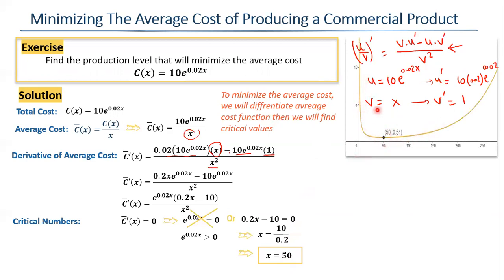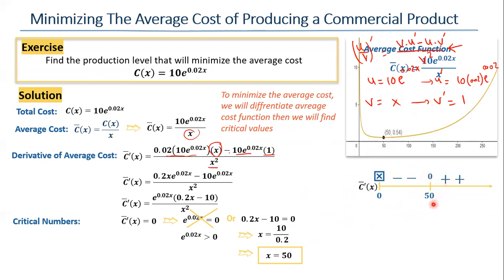If we graph the average cost, we'll get this graph. Now we make a sign chart. The critical number is 50. When x equals 50, C prime equals 0.